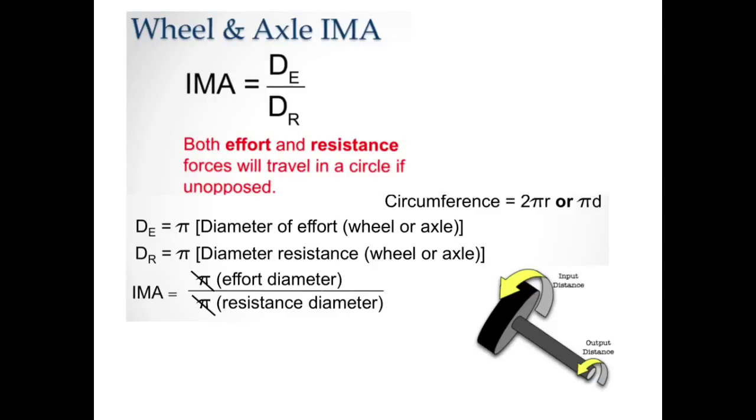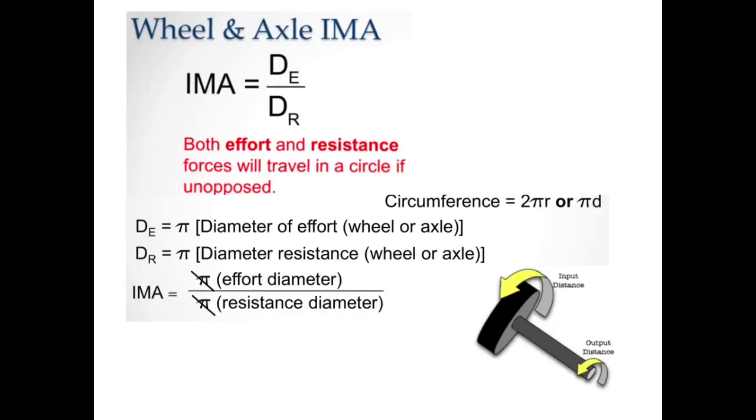So when I'm trying to find my distance effort and my distance resistance, first I have to know where is my resistance attached, the axle or the wheel. Well, my resistance in this picture here is going to be attached to the axle. So because it's attached to the axle, my dr is going to be pi times the diameter of my resistance, which is the diameter of my axle here.